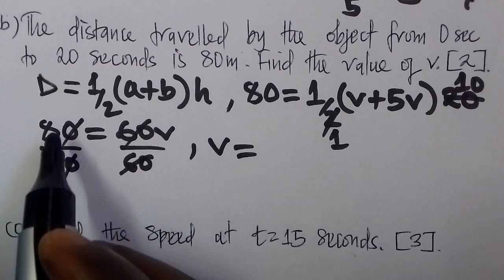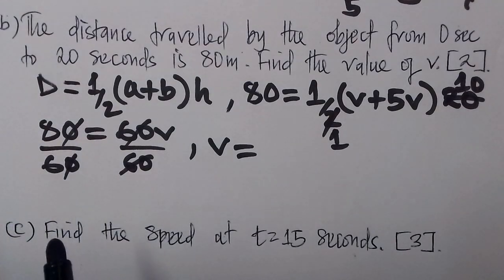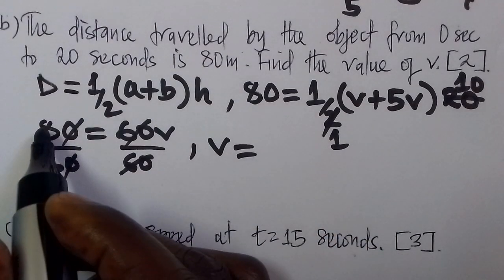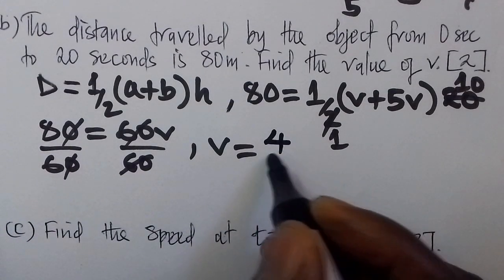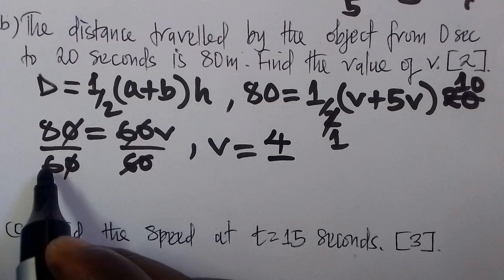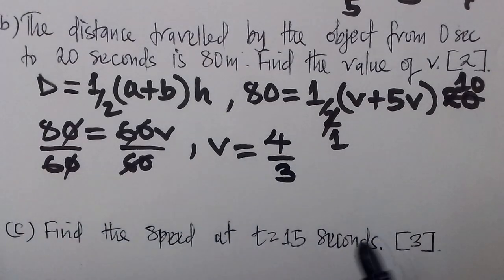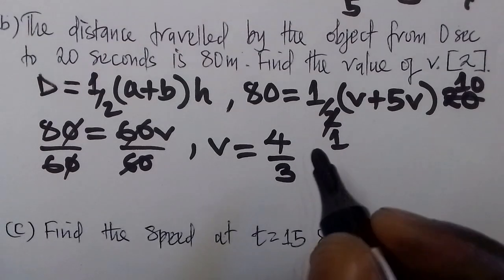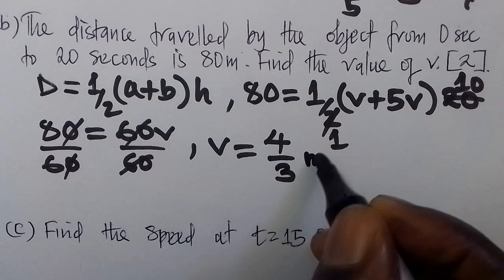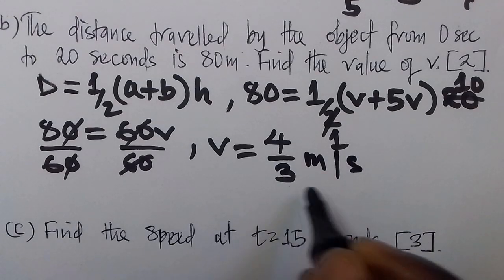So what number can go into 8 and 6? That's just basically 2. 2 into 8, we get 4 over 2 into 6, we get 3. So we are getting V as 4 over 3. You can just put the units, meters per second.